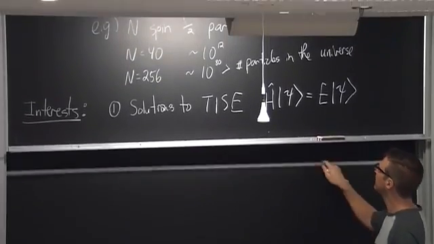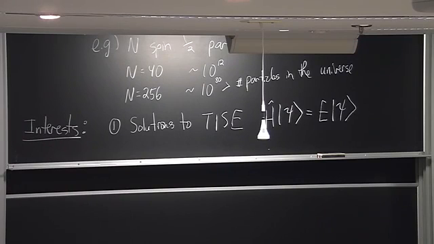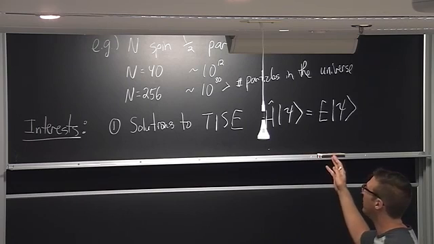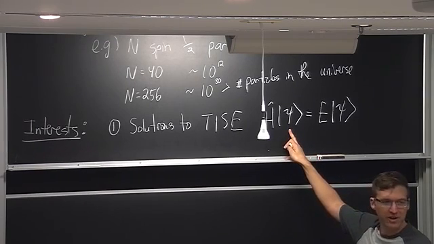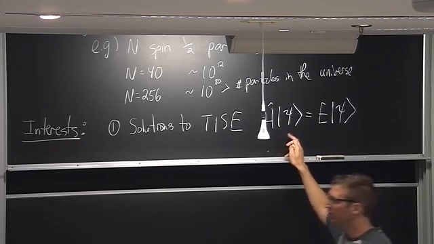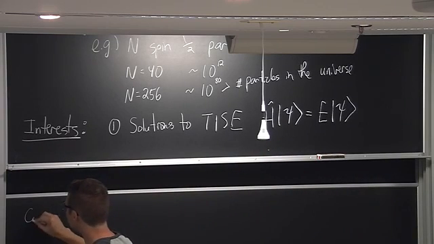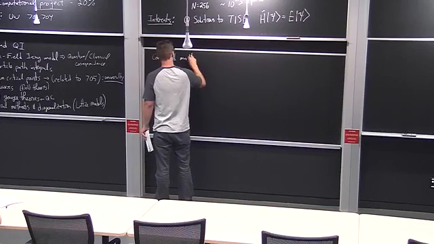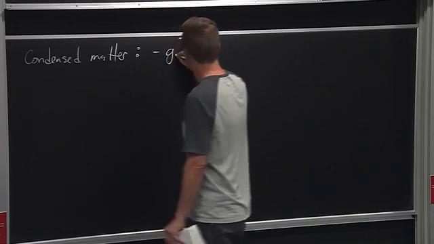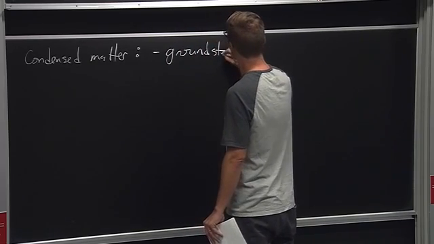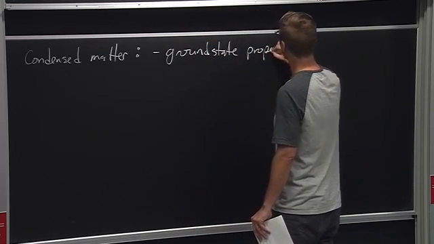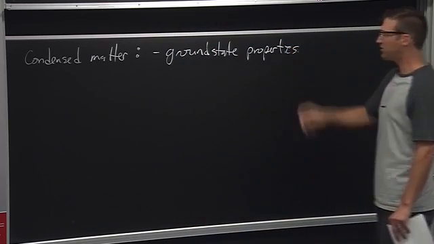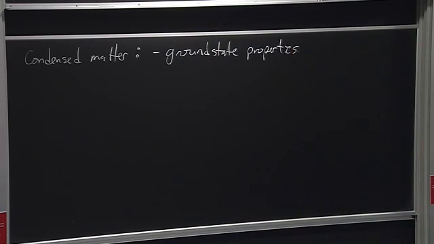If this is the ground state, then we'll get ground state properties of the many-body system. That's typically what we're interested in in condensed matter systems. Ground state properties mean things like broken symmetries.